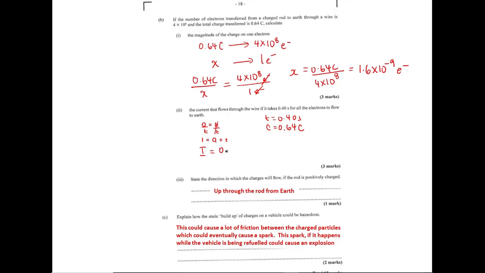So we have 0.64 coulombs divided by 0.40 seconds, and that should give us 1.6.